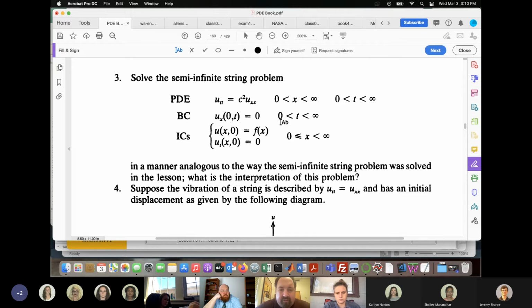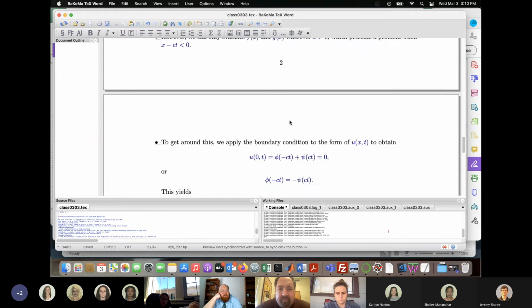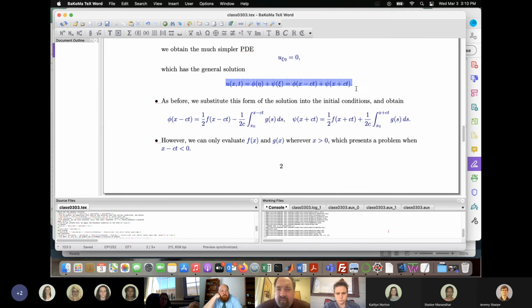So when you find yourself in the same situation where you have this solution formula that you like to use, and you have the same dilemma as before, that this cannot be used if x minus ct is negative, then you're going to go back to here and take the derivative of this whole equation, both sides, with respect to x, and then substitute x equals 0.